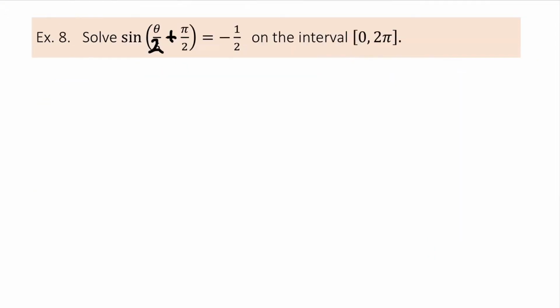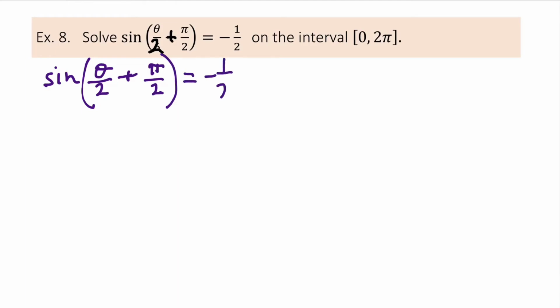So in this problem, we're asked to solve the sine of the angle theta divided by 2 plus pi over 2, so this is an angle with a period change and a phase shift, is equal to negative 1/2 on the interval 0 to 2 pi. We know that negative 1/2 is one of our standard sine values.